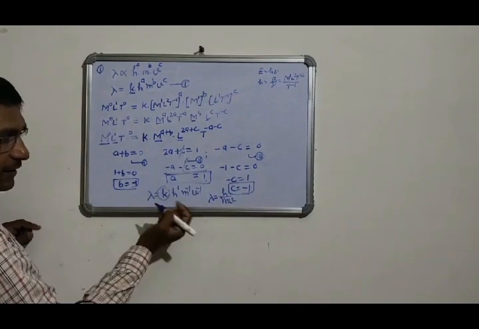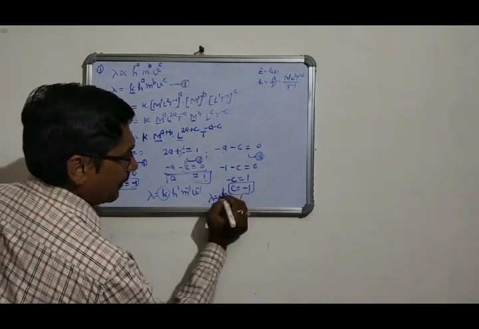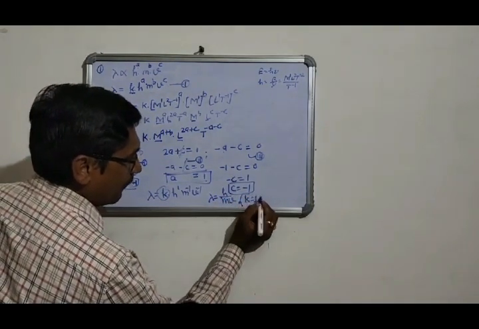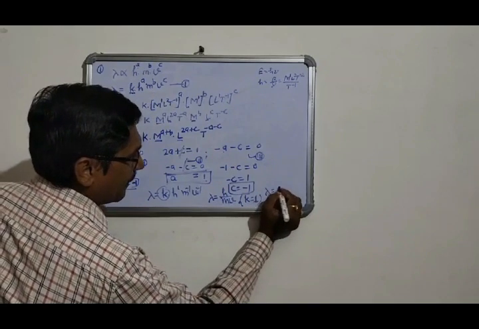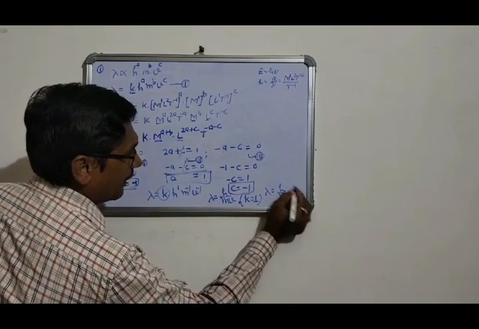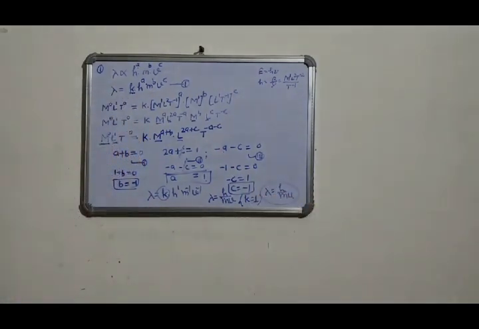K is a constant, and according to experiment the value of K equals 1. Then the formula is lambda equals h upon mv. It is the de Broglie equation, the relation between lambda, h, m and v. Okay. Now one more example.